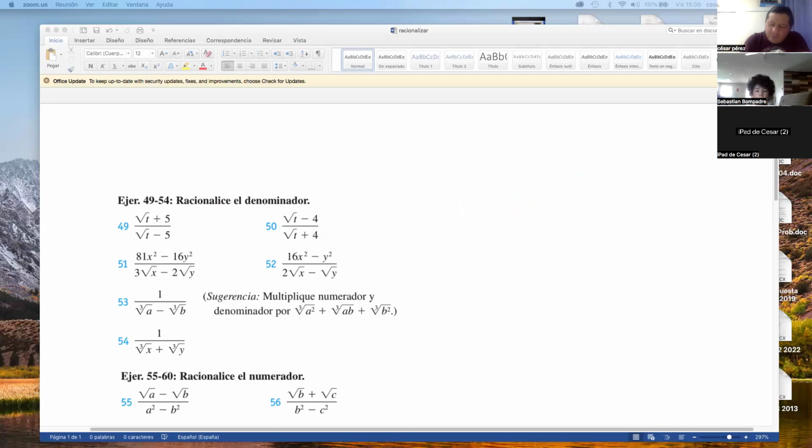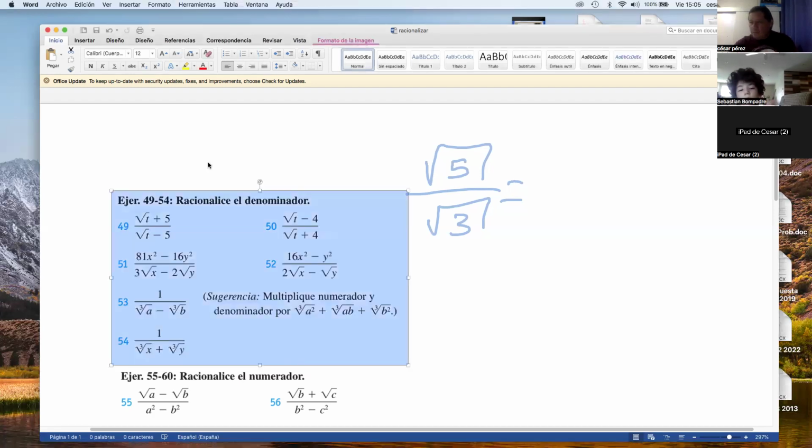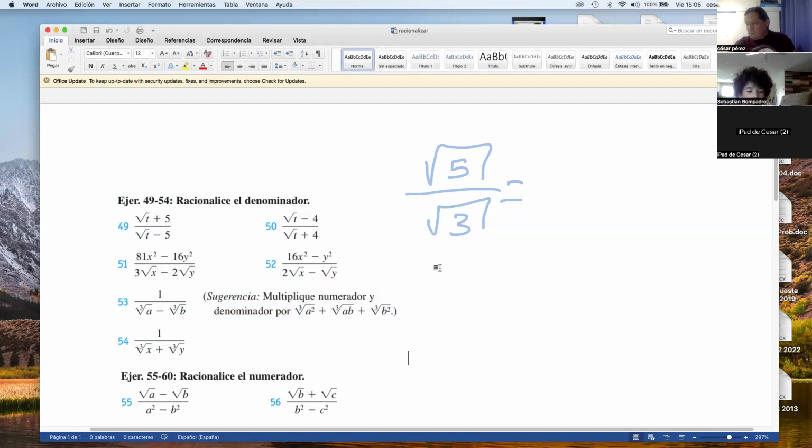If we have something like this, the square root of 5 over the square root of 3, can we multiply by 1 again?